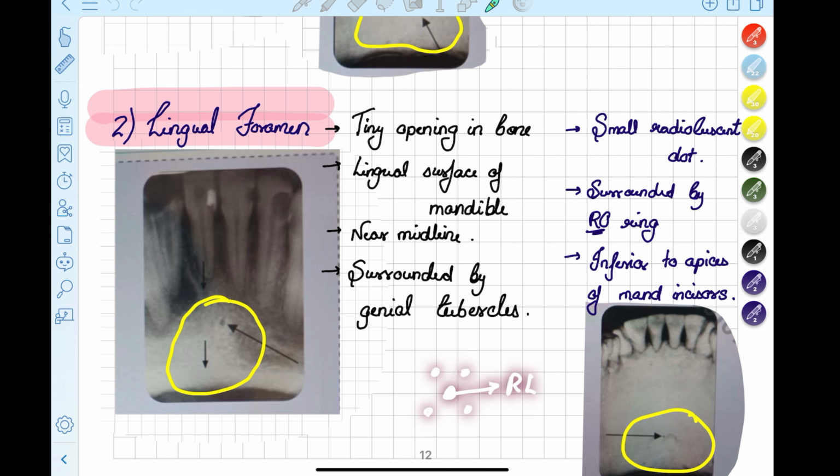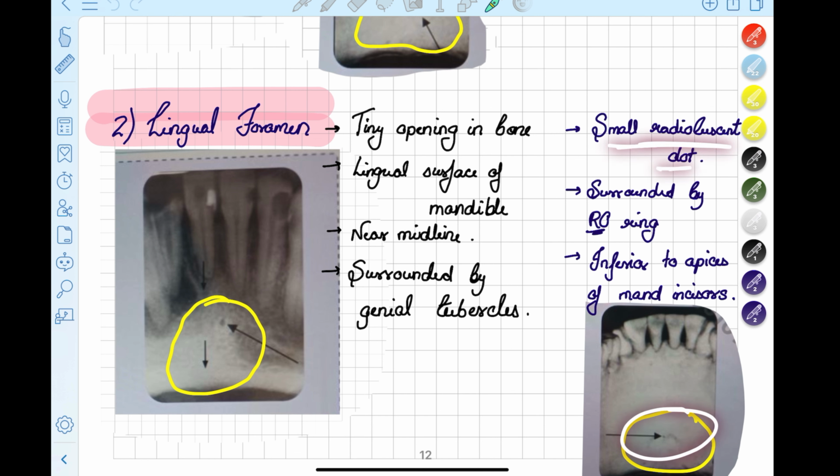The lingual foramen appears radiolucent, while the genial tubercle, as it is a radiopaque mass, will appear radiopaque or white in color, while the lingual foramen will appear black or dark in color. They are located near the midline, surrounded by the genial tubercles. On the radiograph or IOPA, they will appear as a small radiolucent dot.